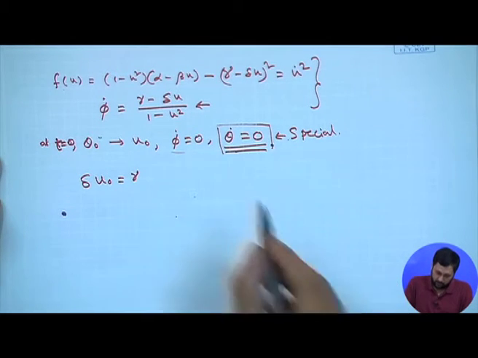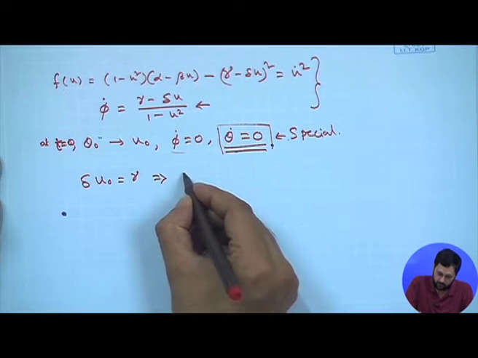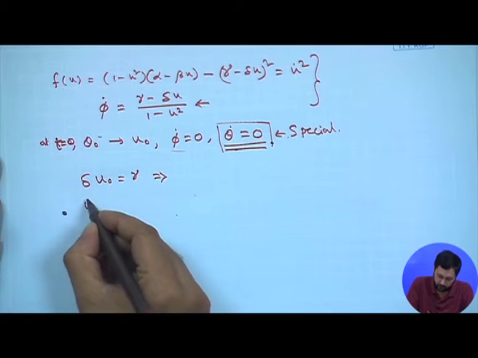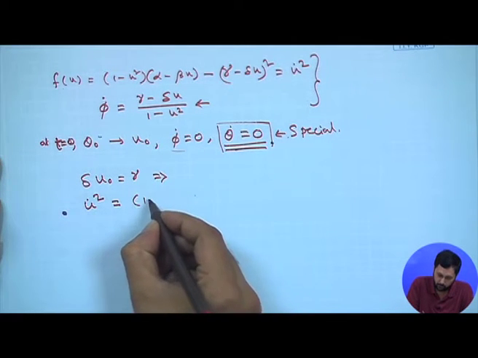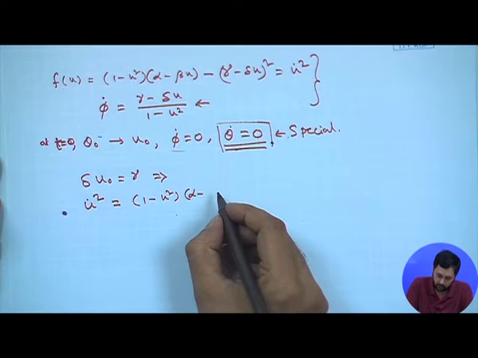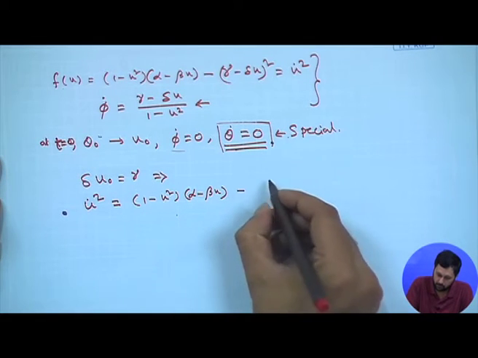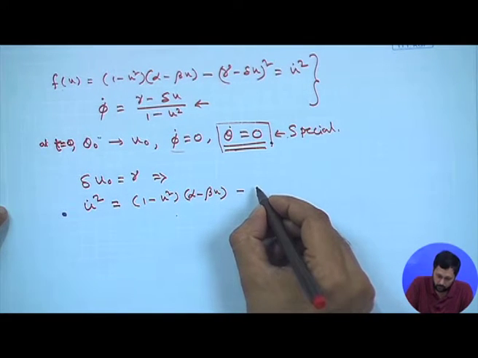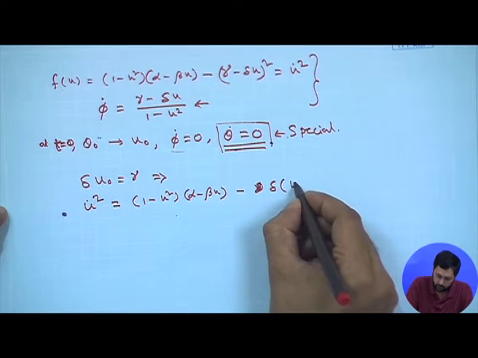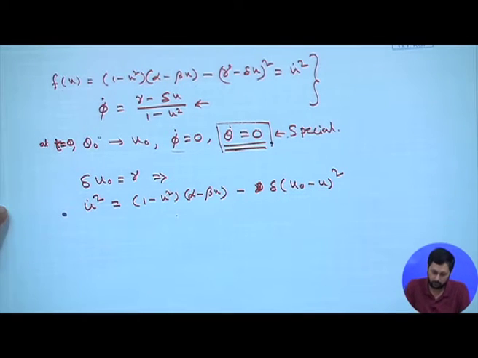Which means if we substitute this in this equation, u dot square will be equal to 1 minus u square times alpha minus beta u, and if I do this substitution, it will be delta times u 0 minus u whole square, which is a new form.